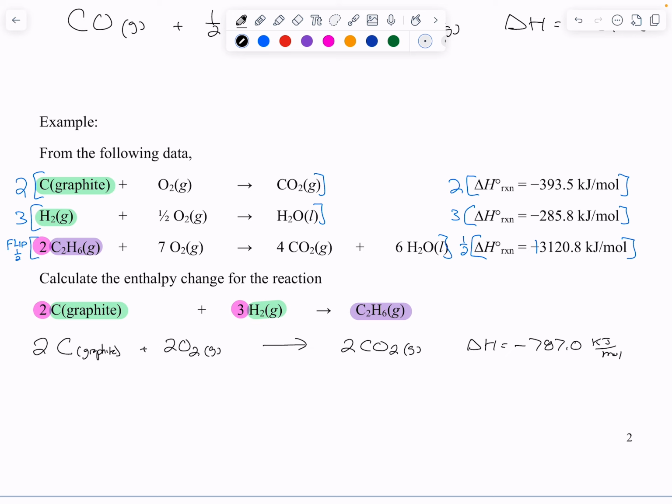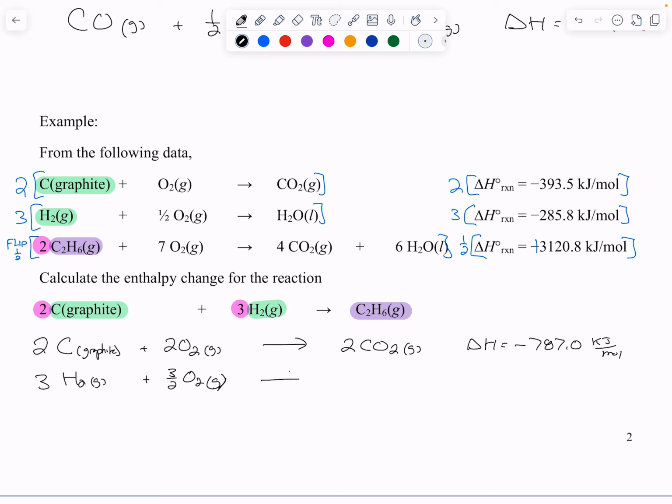And then I would have 3 H2 gas plus 3/2 O2 gas, right, going to 3 H2O liquid. Delta H is negative 285.8 times 3, negative 857.4 kilojoules per mole.